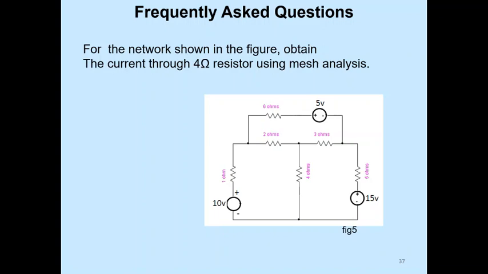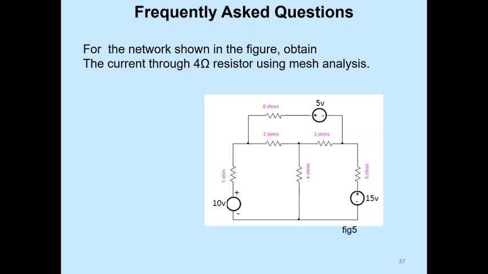After finding I1, I2 and I3, the current flowing through the 4 ohm resistor is required, which is I1 minus I2, by assuming the meshes are in clockwise direction.